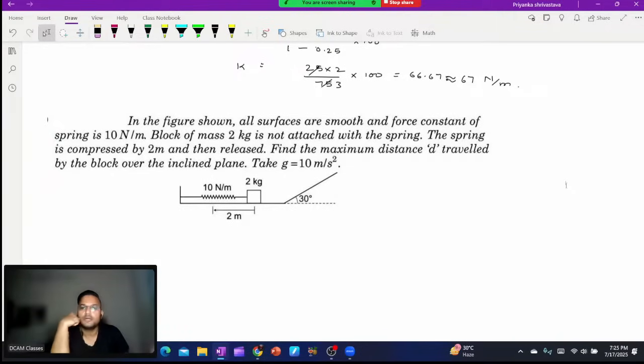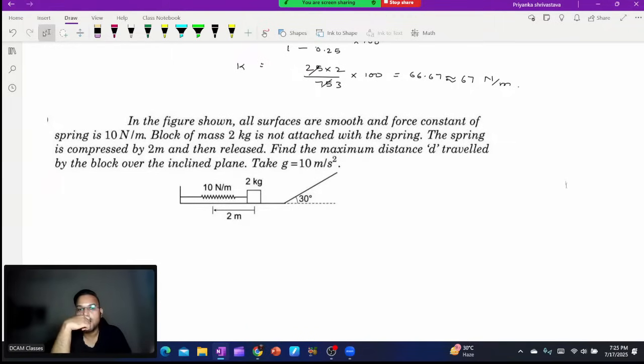No, not necessary. The range formula is not needed. It's purely work energy theorem. Here, when it is compressed, it will have potential energy only at this position. And then it gets converted to kinetic energy.